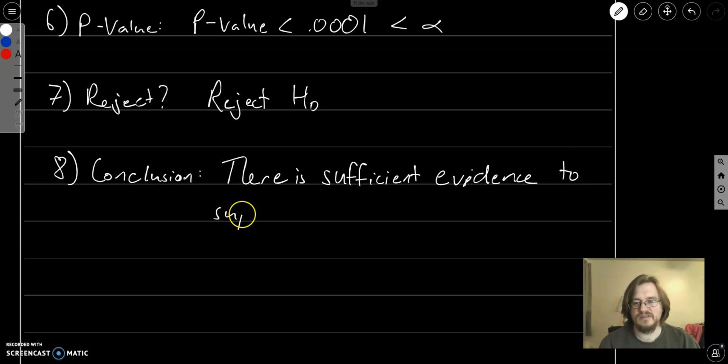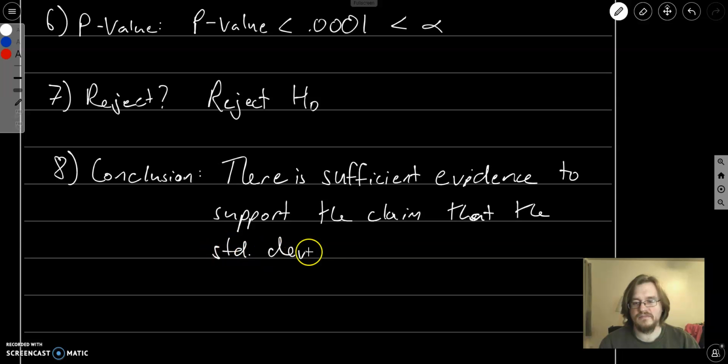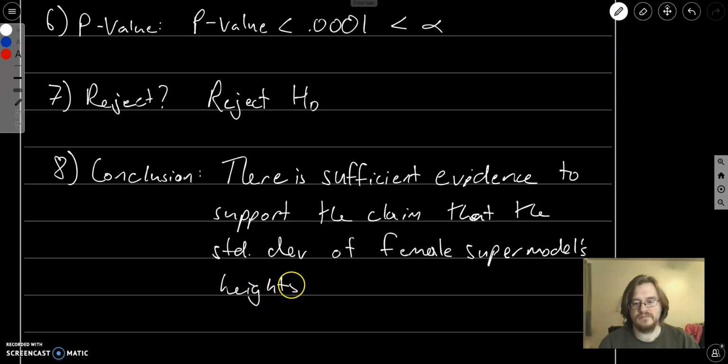To support the claim that the standard deviation of female supermodels' heights is less than 7.5 centimeters.